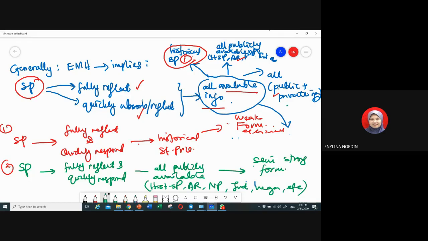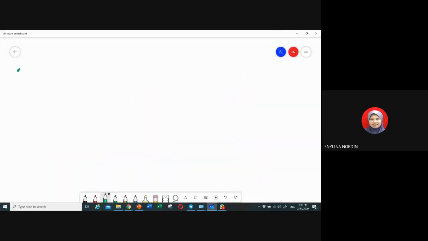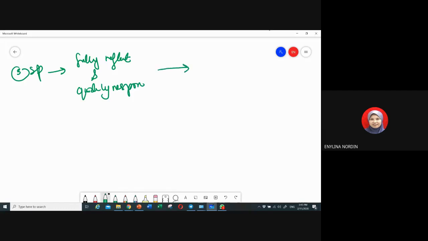So number 3, if the stock's price fully reflects and quickly responds to all available information, but this time the available information is public and private information, which is all information.